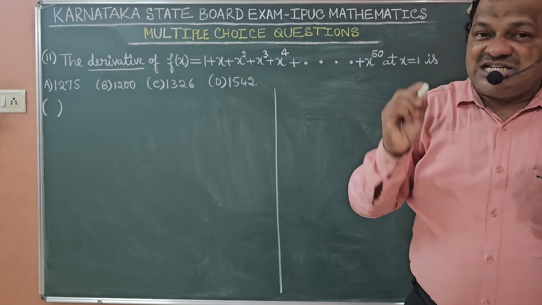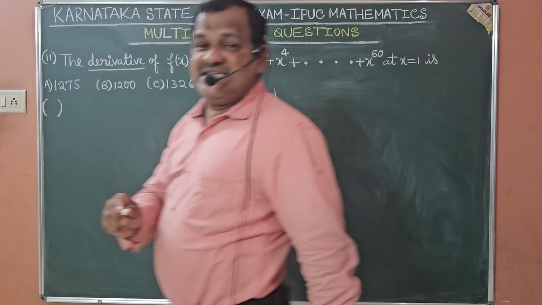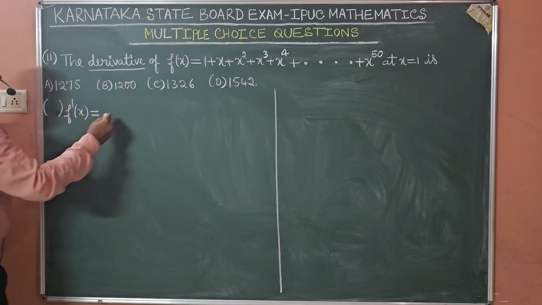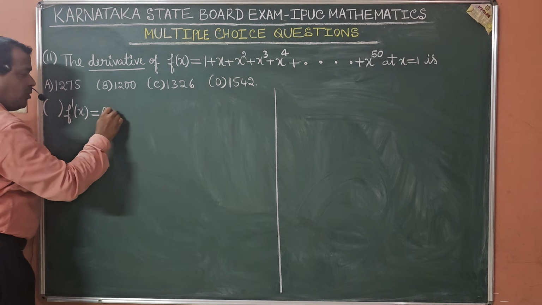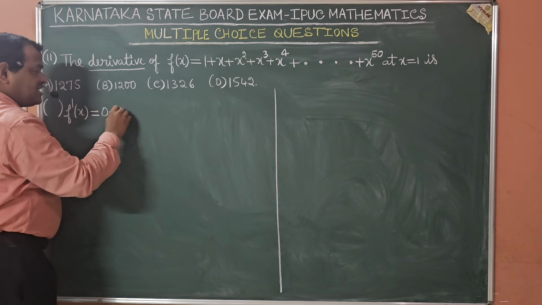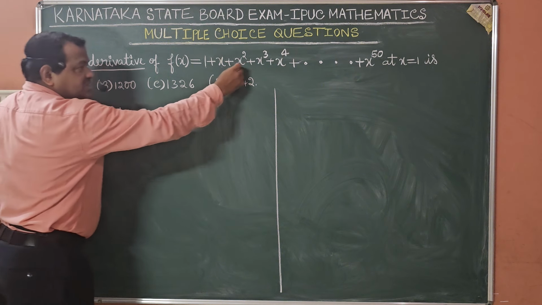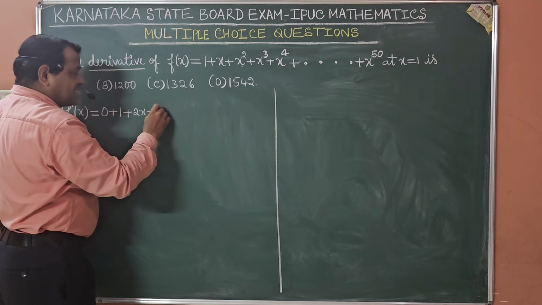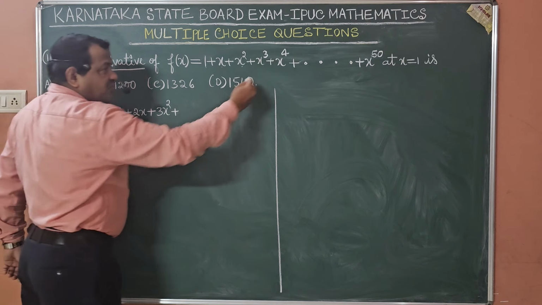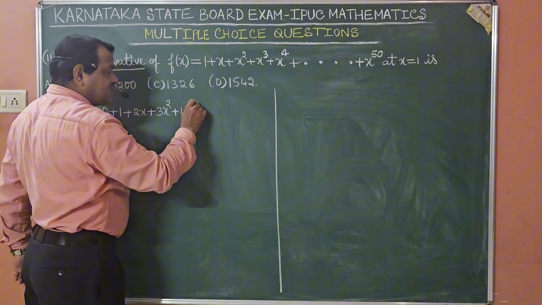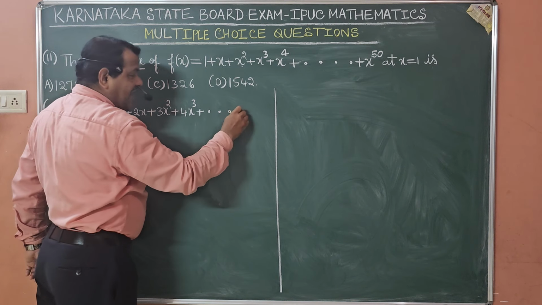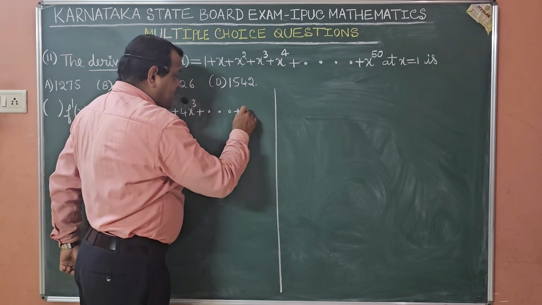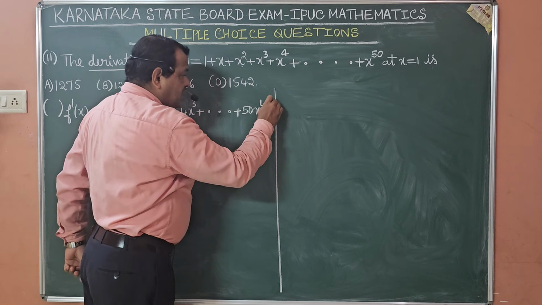So f dash of x is equal to differentiation of 1 is 0, plus differentiation of x is 1, plus differentiation of x square is 2x, plus x cube gives 3x square, plus x power 4 gives 4x cube, and so on, plus differentiation of the last term x power 50 is 50 into x power 49.